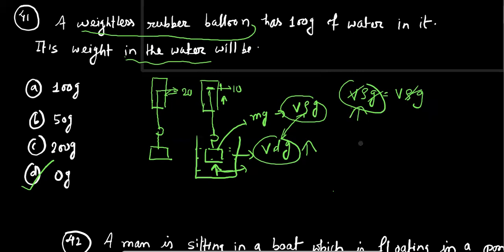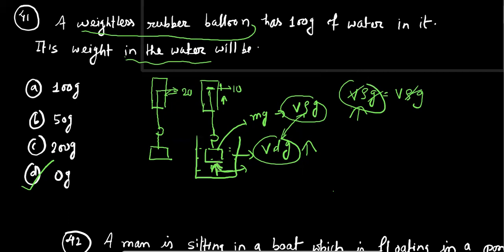See, better to say this. The upward force is the upthrust, and the amount of upthrust acting on the water placed in water is equal to the weight of the water.